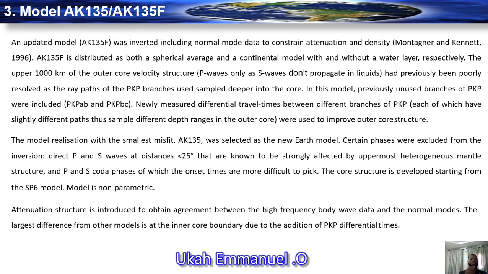We know that they are strongly affected by uppermost heterogeneous mantle structure. So they are excluded from this model, along with the P and S wave coda phases, of which the onset time is more difficult to pick.